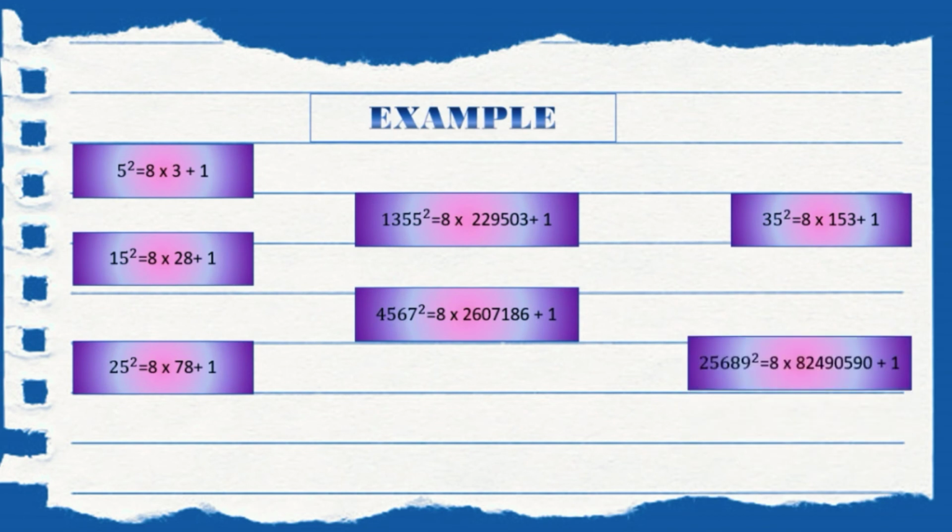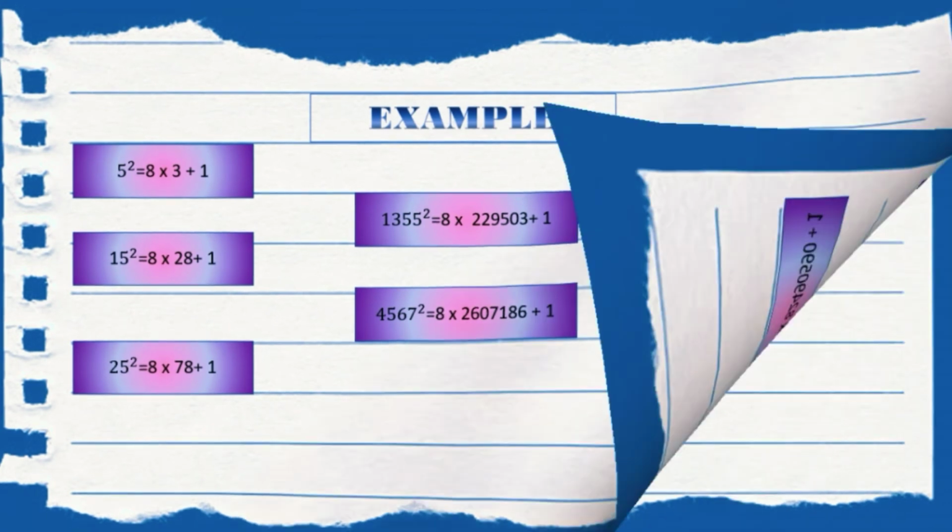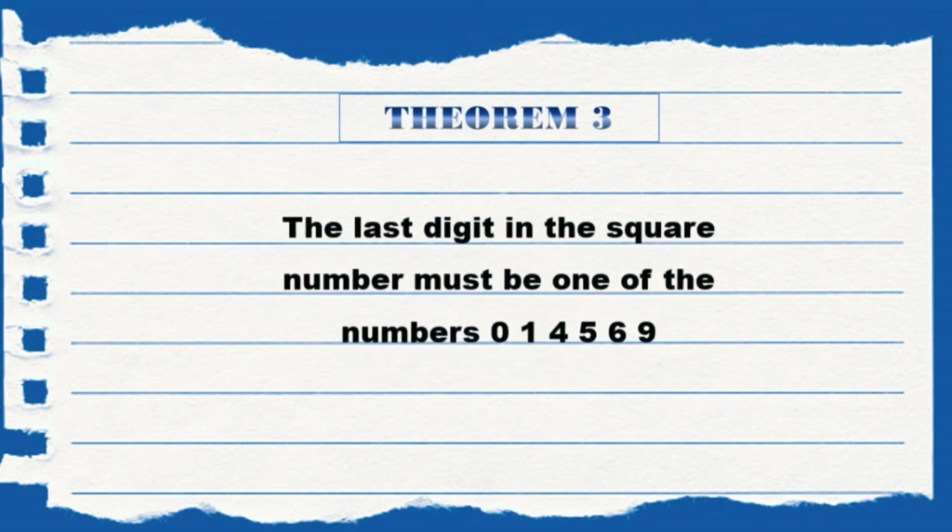And then 25,689 squared is equal to 8 times 82,490,590 plus 1. And lastly, theorem number 3 states that the last digit in a square number must be one of the numbers 0, 1, 4, 5, 6, and 9.